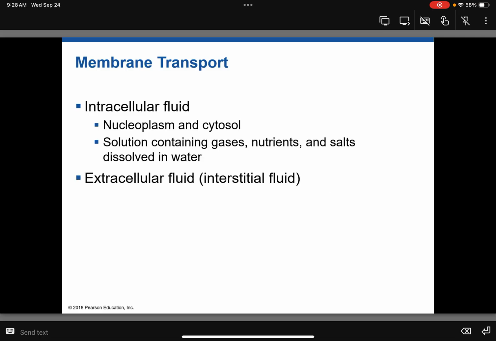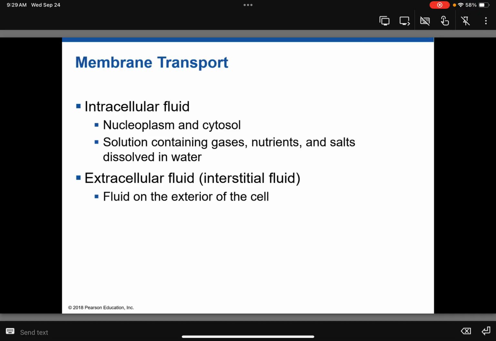We also have extracellular fluid. It is also called interstitial fluid. And this is fluid that is on the exterior of the cell. So extracellular, exterior. So you have fluid inside of the cell, you have fluid outside of the cell, in between other cells.